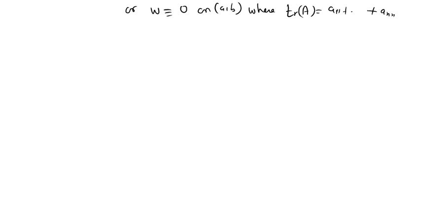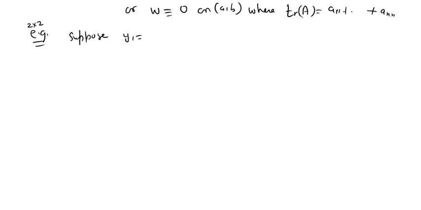So before proving this theorem, I am taking an example of a 2 cross 2 system. Of course we will prove Abel's formula. So let us take a 2 by 2 system.